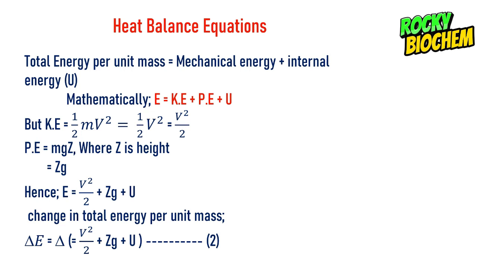So change in E should be equal to change in v squared over 2 plus ZG plus U. We can call this equation 2. Don't forget that equation 1 stated that change in E is equal to Q minus W. That was our equation 1. And our equation 2 is change in E is equal to change in v squared over 2 plus ZG plus U. So these are the two equations we have so far.